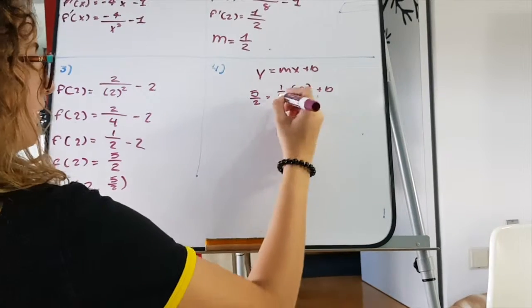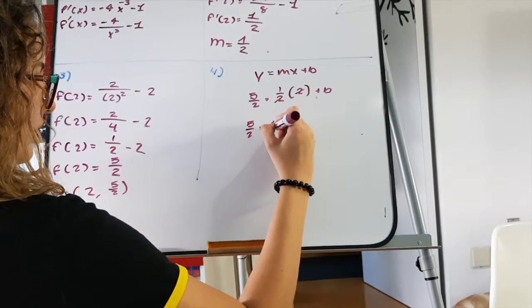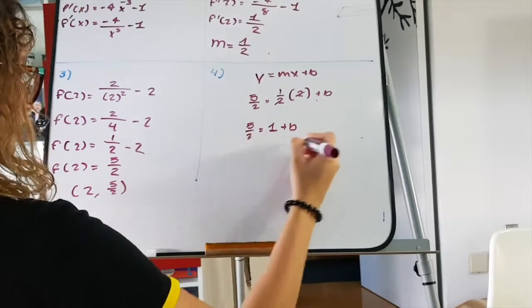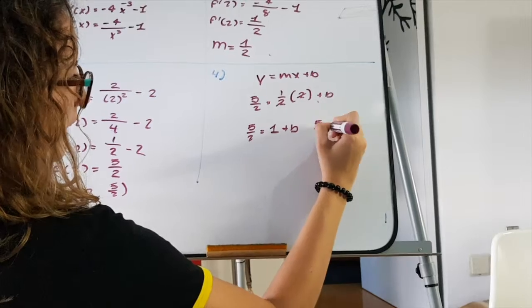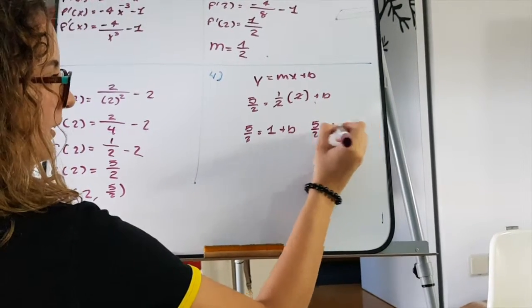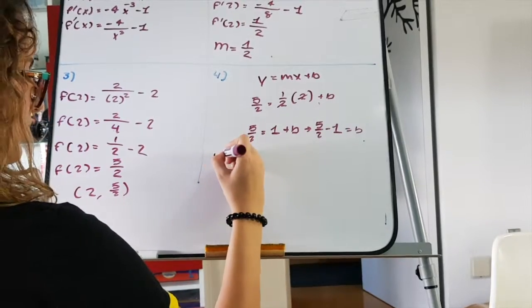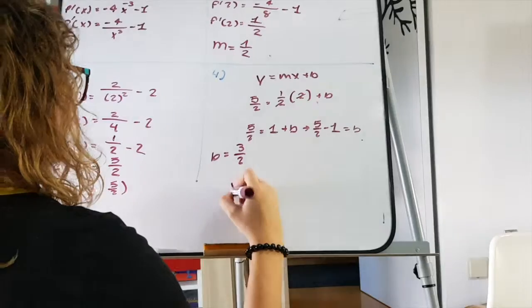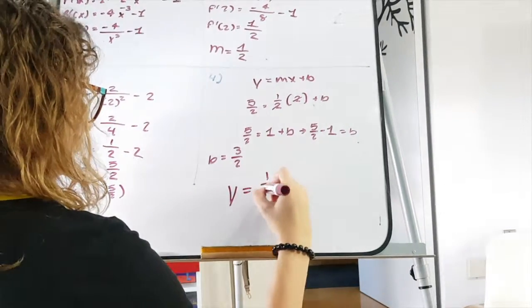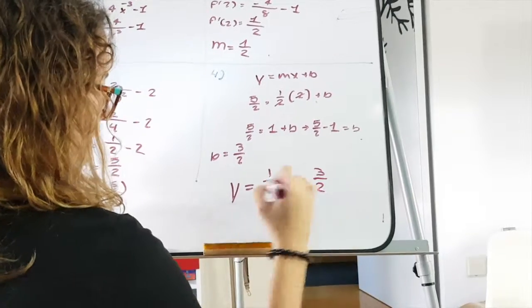So these two cancel, 5 over 2 equals 1 plus b, so it will be rearranged as 5 over 2 minus 1 equals b. So finally, b equals 3 over 2. And the final answer will be y equals 1 over 2 x plus 3 over 2.